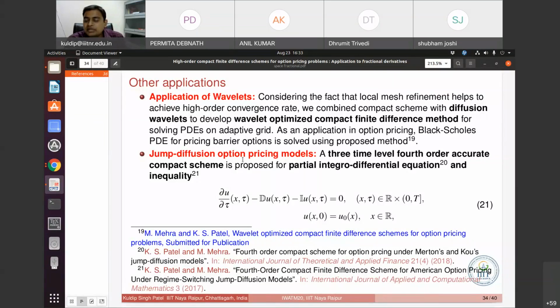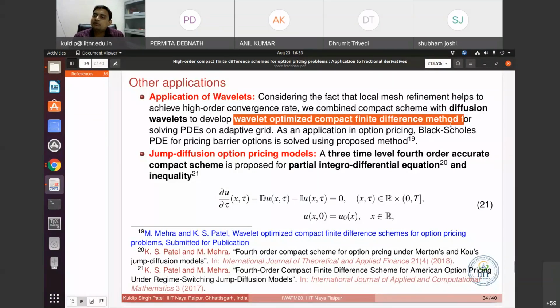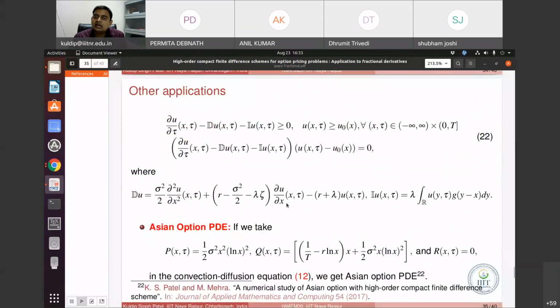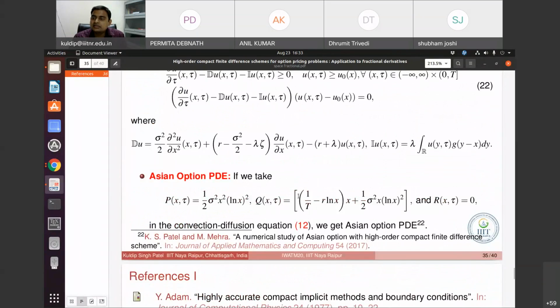Adaptive grid means that when the solution varies a lot, you need more grid points, and when the solution is smooth, you don't need that many grid points, right? So the wavelet optimized compact finite difference method we have proposed, as I mentioned yesterday also. I'm just giving you a glimpse. Then the jump diffusion method for option pricing and other applications, right?